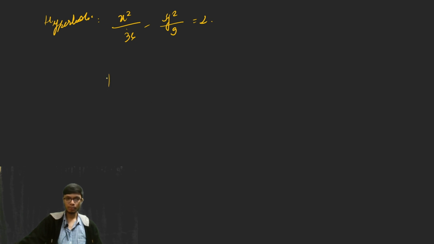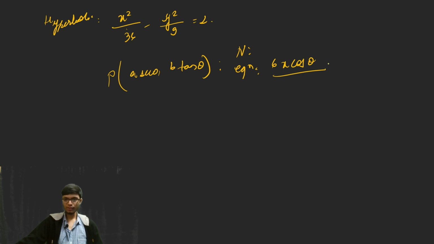Now a general point on the hyperbola is assumed as a sec theta comma b tan theta, and from this point, if a normal is drawn, the equation of the normal will be 6x cos theta plus 3y cot theta equal to a square plus b square, that is 45. That is the equation of the normal.